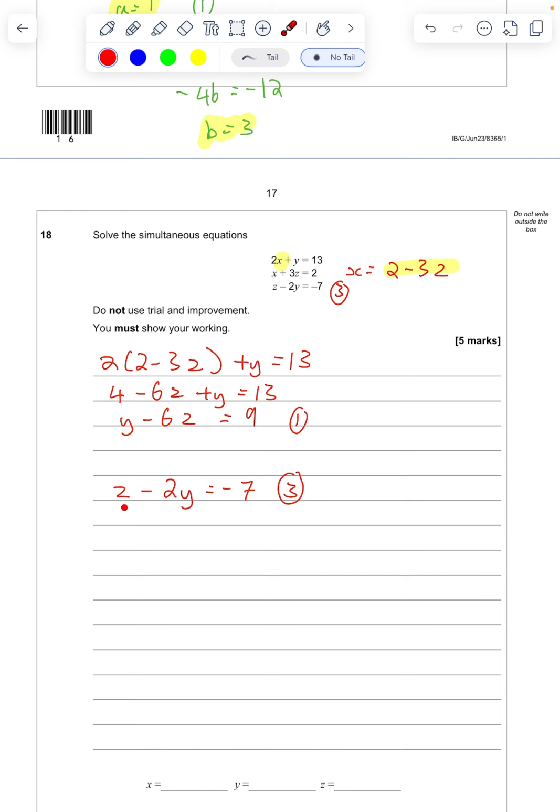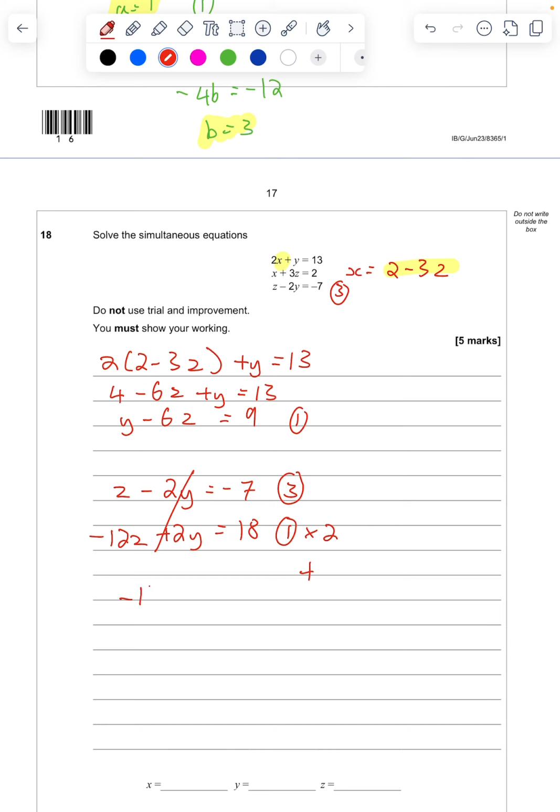I'm actually going to go and write the z first of all. So if I go and take equation 1 and times it by 2, that's going to go to minus 12z plus 2y being equal to 18. Now I can go and add these, okay, because then the y's will cancel out.